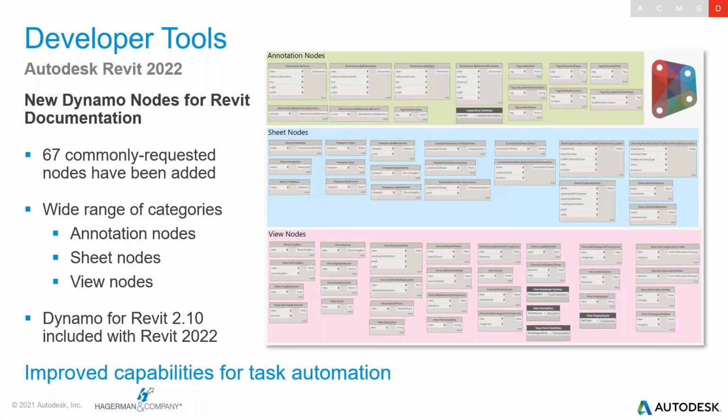In case we have some Dynamo users here today, in Revit 2022, there are 67 new Dynamo Revit nodes added to support the most commonly requested conditions for annotations, sheets, views, for automating documentation tasks for high efficiency.